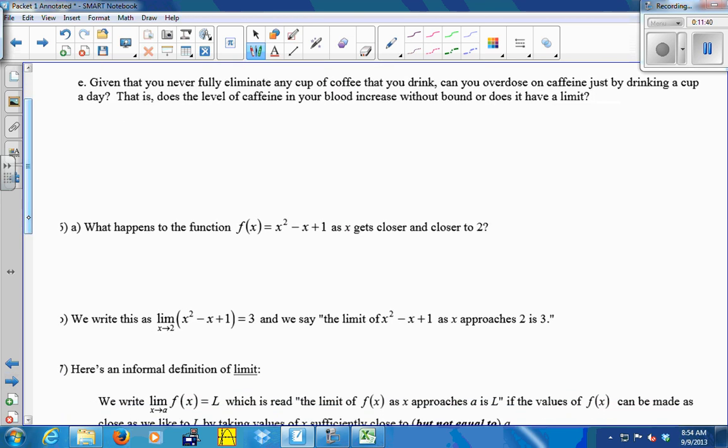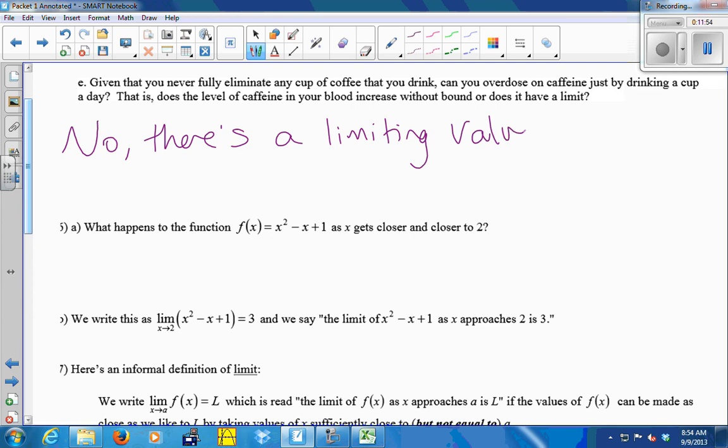All right, so given that you never fully eliminate any cup of coffee that you drink, can you overdose on caffeine just by drinking a cup a day? No, there's a limit. So the amount of caffeine in your blood does not increase without bound, even though you're adding to it every day.